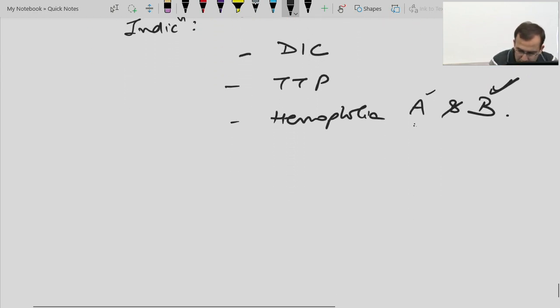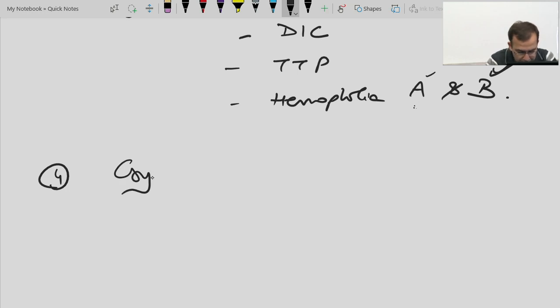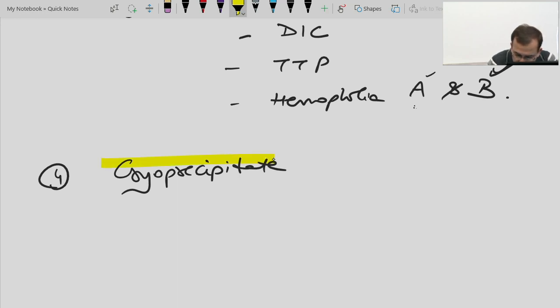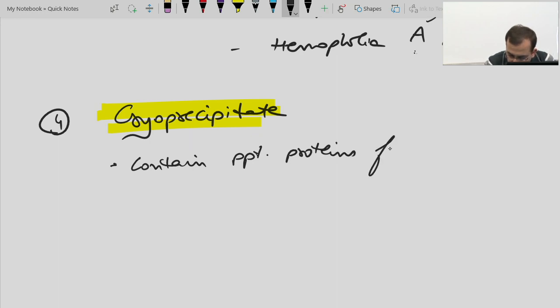So the last is cryoprecipitate. The last component is cryoprecipitate. I guess this was what was asked. Cryoprecipitate contains precipitated proteins from fresh frozen plasma.